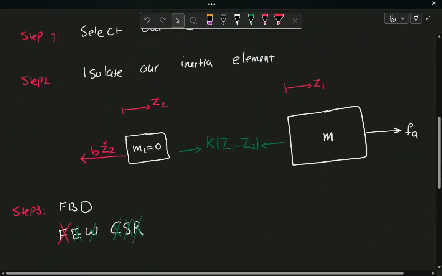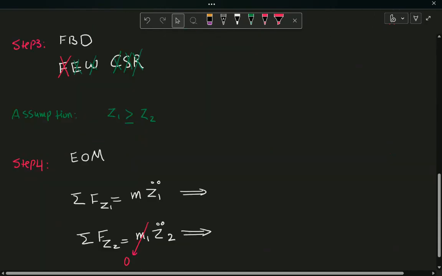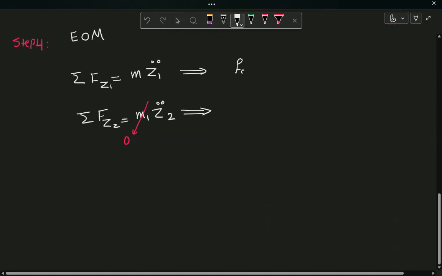Let's look at M and Z1. I have one force here and one force here. FA is in the positive Z1 direction, whereas the force of the spring is in the negative Z1 direction. So this is going to be FA of T minus K times Z1 minus Z2 equals M Z1 double dot.